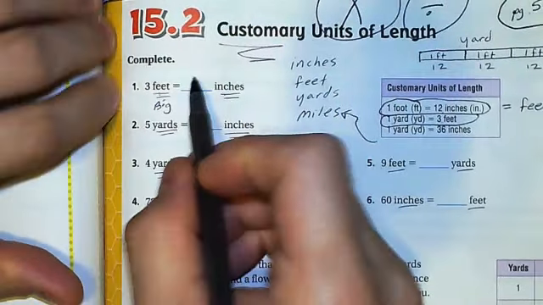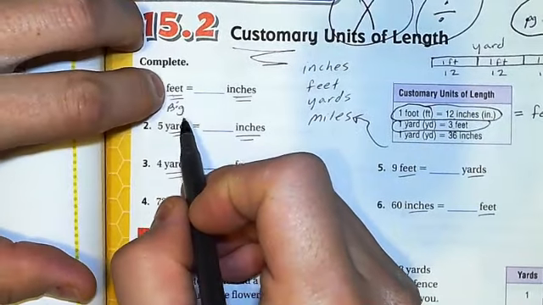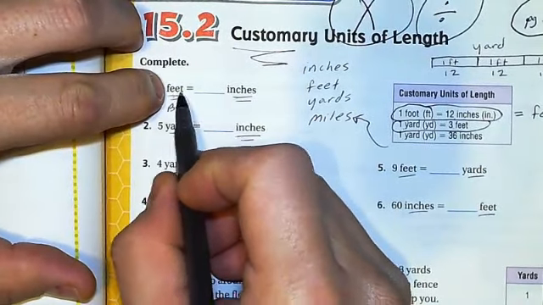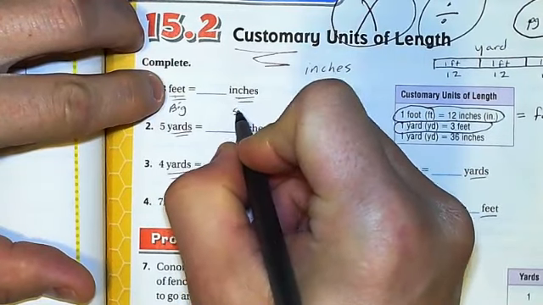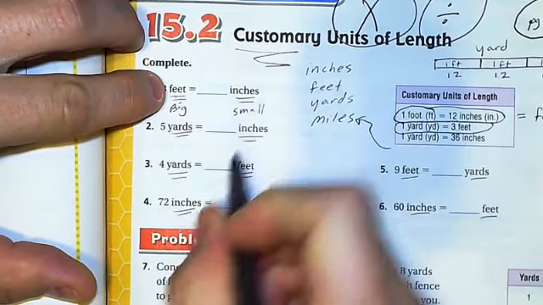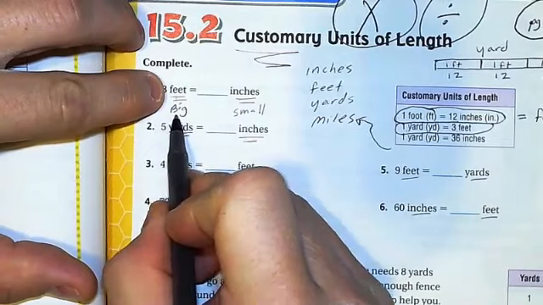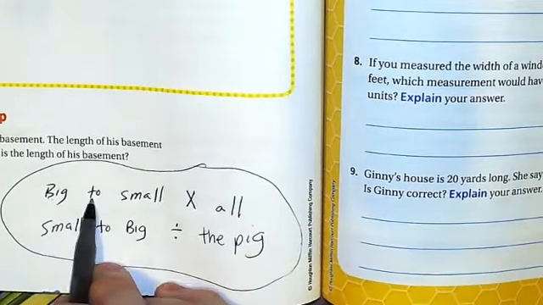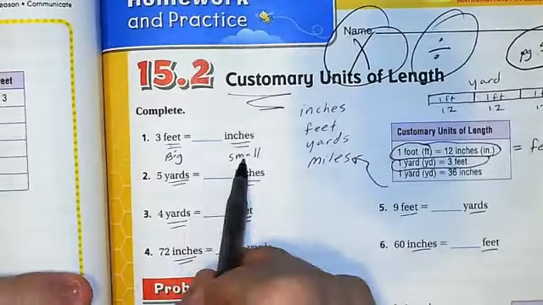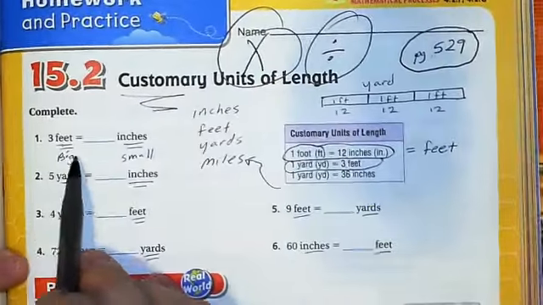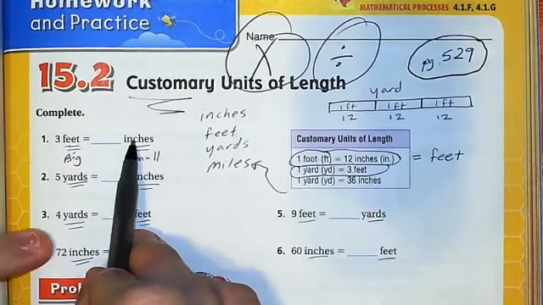I'm not even looking at the number. They gave me 3 feet. They gave me the feet, which is a bigger measurement, 3 feet. And I'm trying to get to the smaller unit. So for this one right here, I'm going big to small. So since I'm going big to small, I multiply all. So then you come over here and you go, okay, well, I'm going from feet to inches.